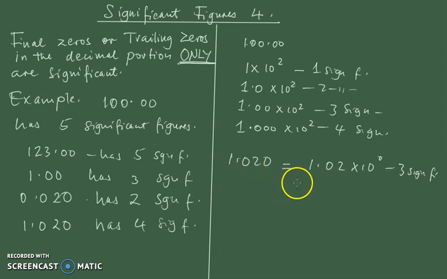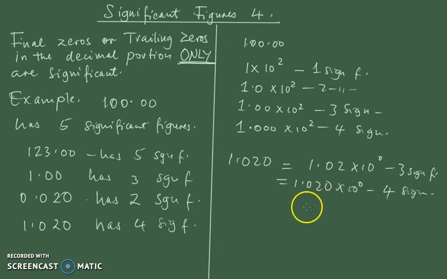But if we write 1.020 as it is now here, times 10 power 0, it still has 4. Now it is having 4 significant figures.